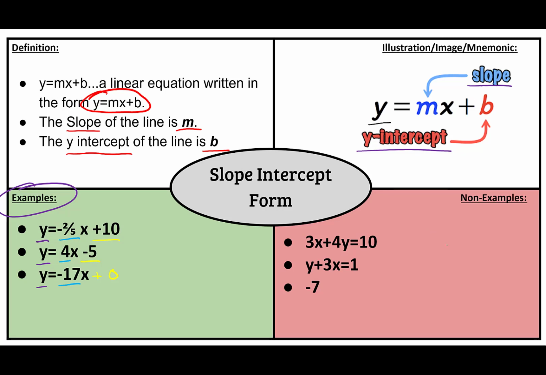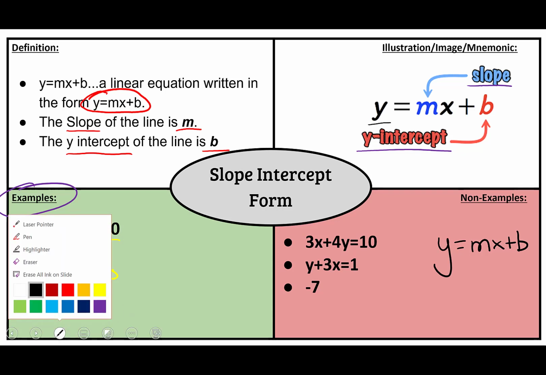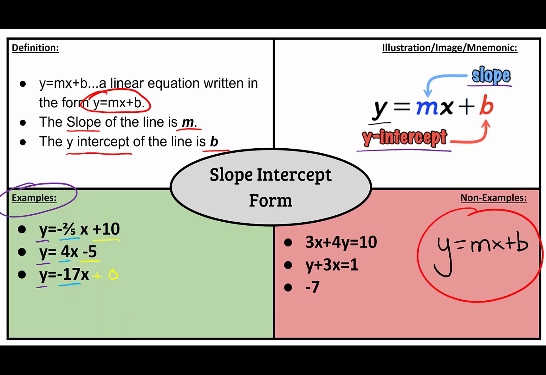If you see any examples that are not in y equals mx plus b form, if they do not strictly adhere to that form, for instance, like 3x plus 4y equals 10, or y plus 3x equals 1, or negative 7, if they don't flow along with this form, then they are not in slope-intercept form. We need to see y equals a number x plus or minus a number, and that's slope-intercept form.